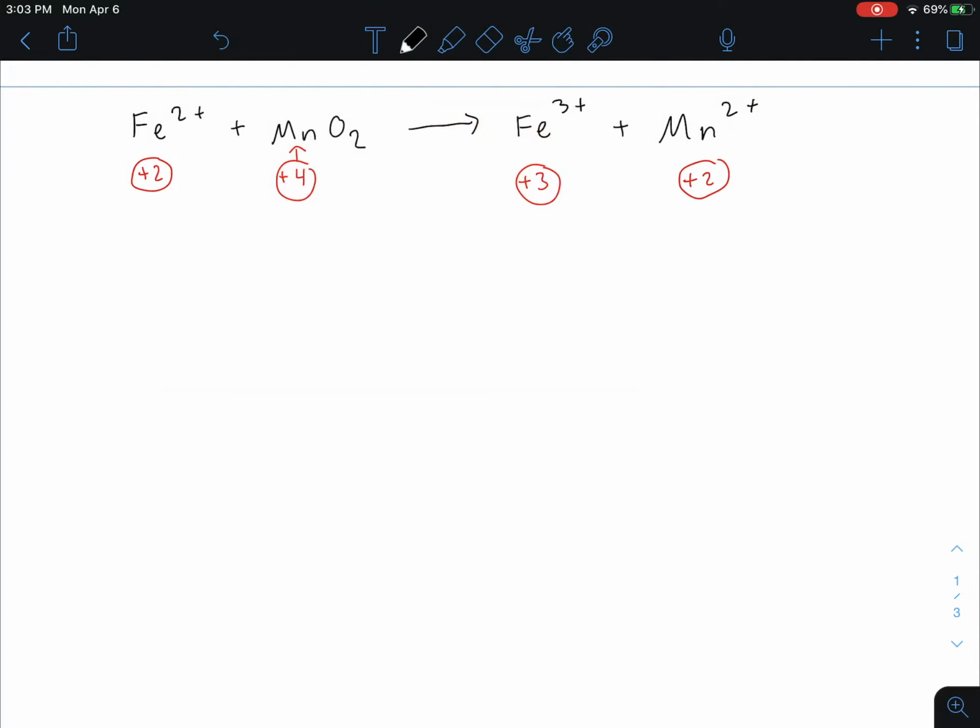So again, you don't have to do this, but it'll help kind of strategize what's going on. So now I can say what this means is iron 2 plus is being oxidized, and Mn, I'm just going to say Mn4 plus is being reduced.